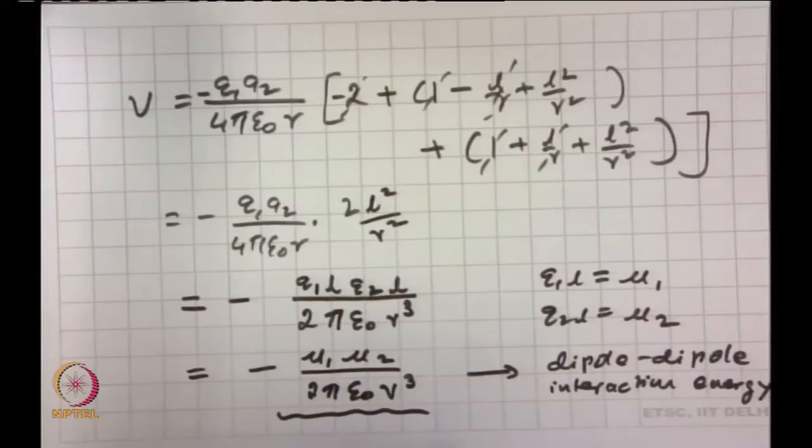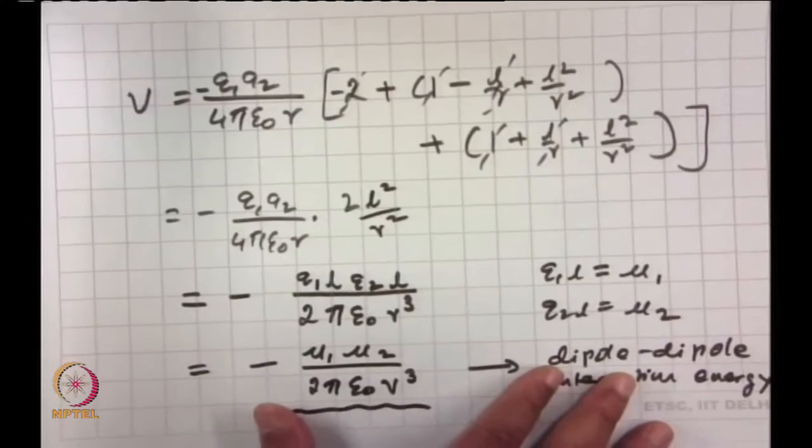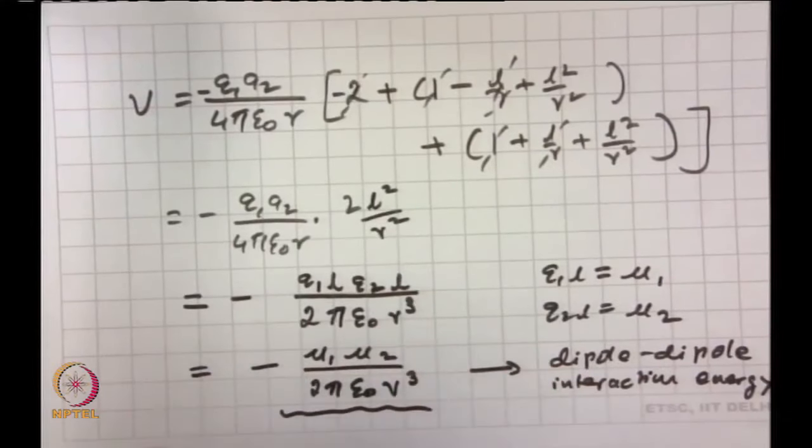Why? Because obviously you never know that the ion can be at a specific angle with respect to the dipole. So, in this case too, we will have a theta term, which we will look at in the next class. Okay. Thank you.